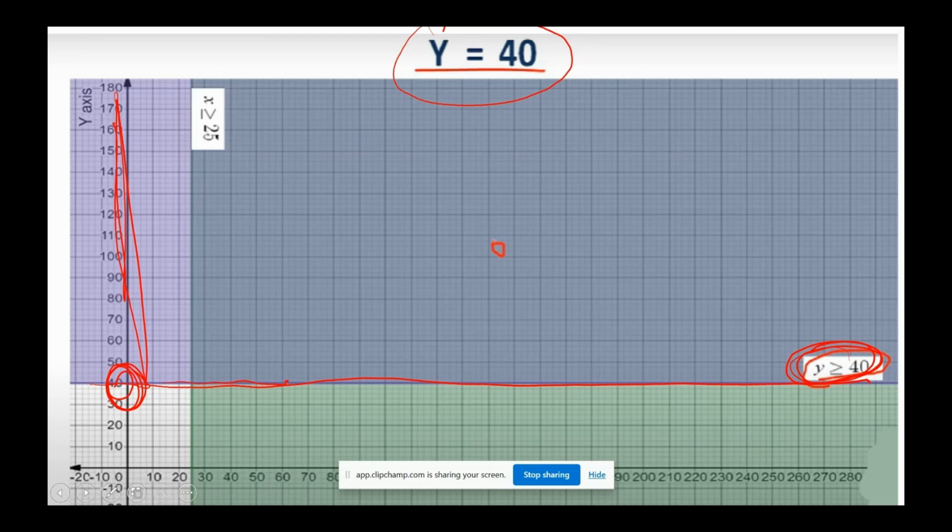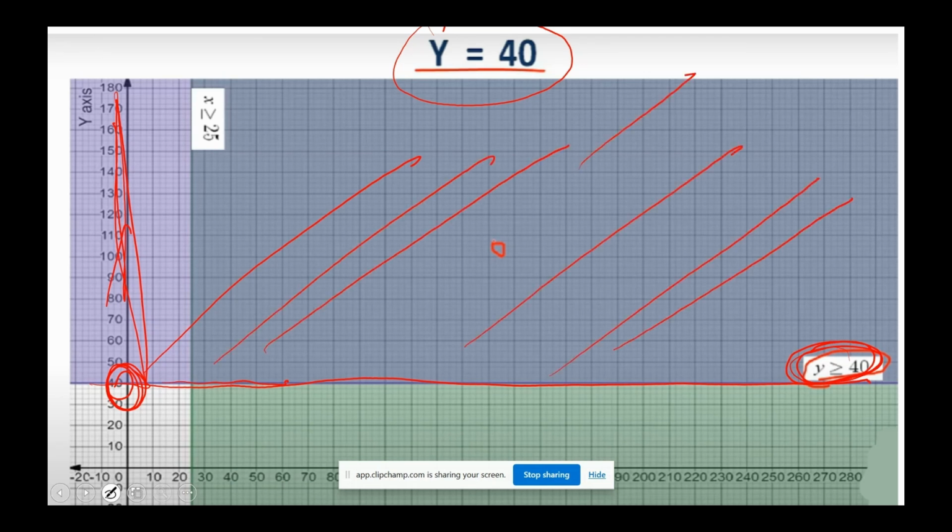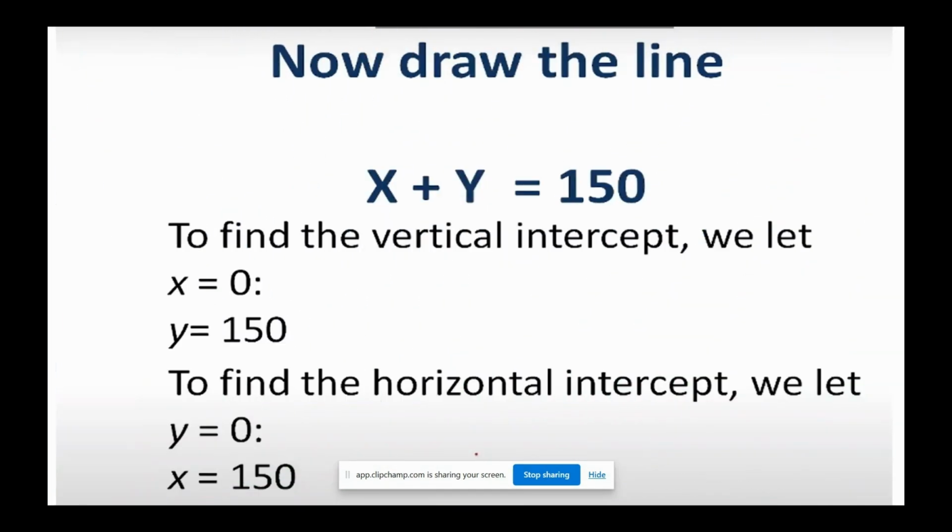Greater than will be where? On the top of this line or on the bottom of this line? Obviously the bottom is less, so we have to take the top of this line, and we highlight this particular region. So this is the second region we have highlighted.